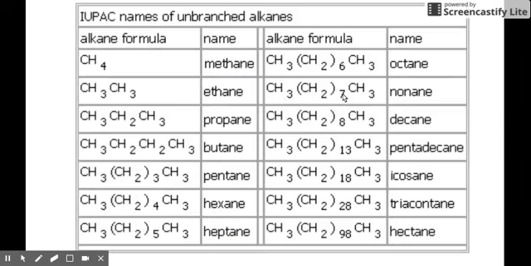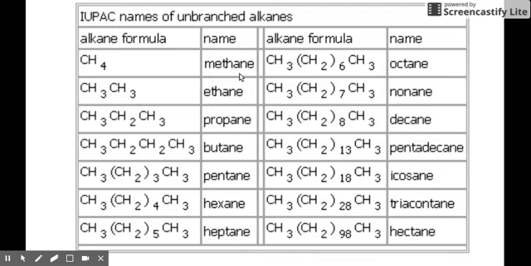I'm going to show you a table of all the IUPAC names of unbranched alkanes, and I want you to observe because this is very simple. These are straight chains with no branches. Observing it, all of the names end in ANE, and starting from the simplest, it's called methane.